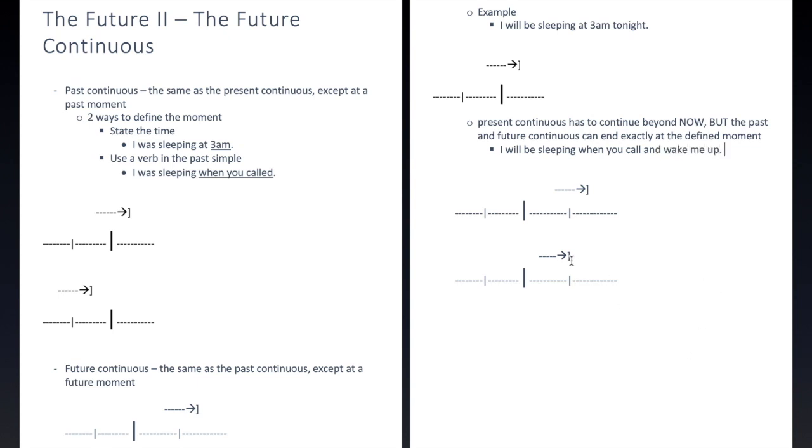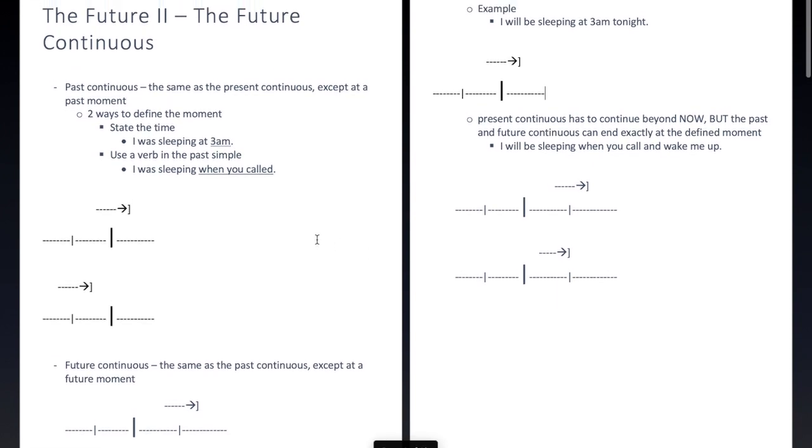Okay, so here we have the continuous activity ending exactly at this moment. With the present continuous, that can't be. It's happening now, it has to continue beyond the moment of speaking.